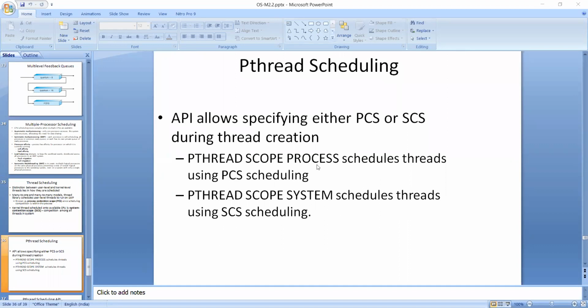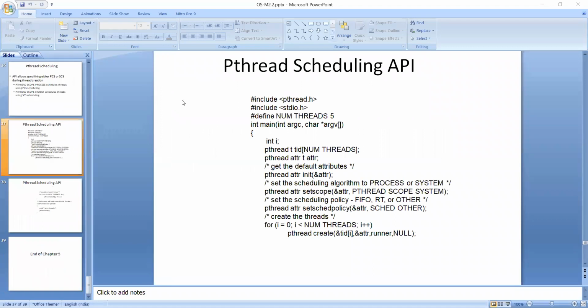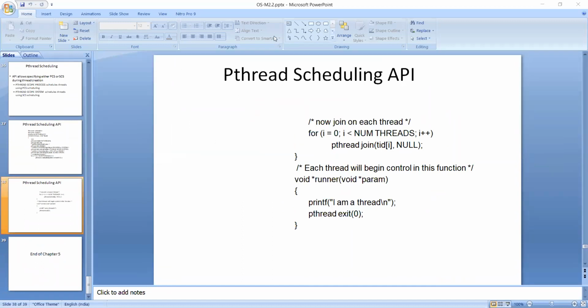This is the pthread scheduling API. With this, we are done with the scheduling algorithms.